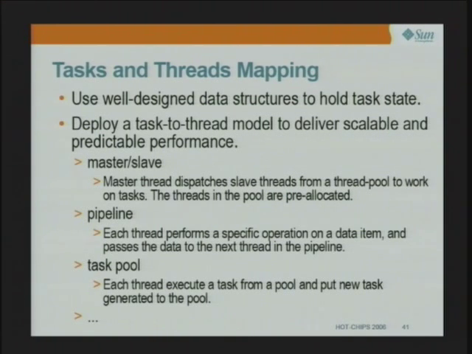You can have a master thread dispatch slave threads and assign the tasks to all those slave threads. Or you can use a pipeline, where each thread performs specific operations on a data item and passes the data to the next one in the pipeline. Or you can use a task pool model. Basically, each thread goes ahead and executes something, and during the execution, it finds more tasks and puts tasks in the pool, and next threads come in and execute tasks from the pool.